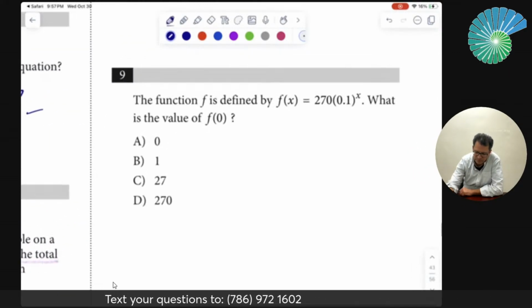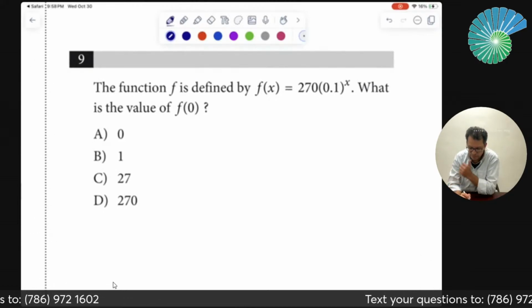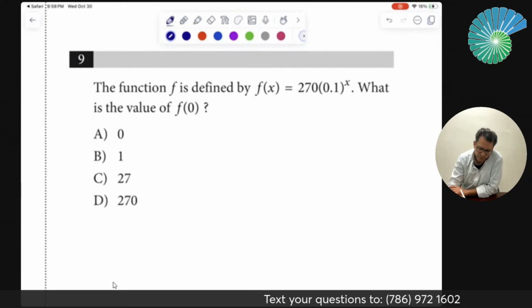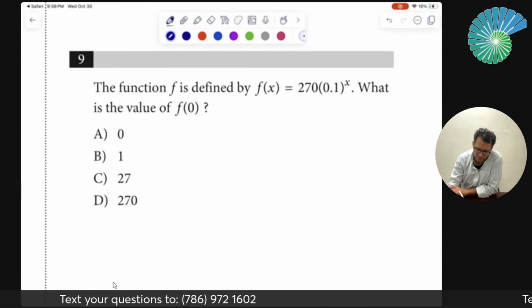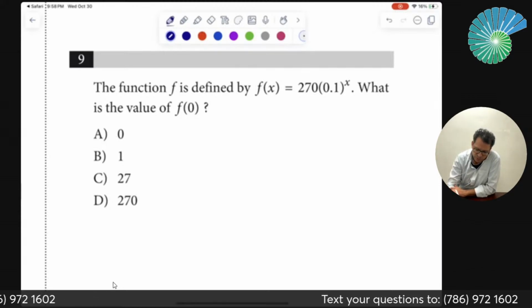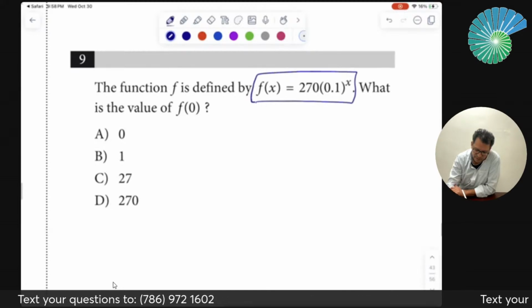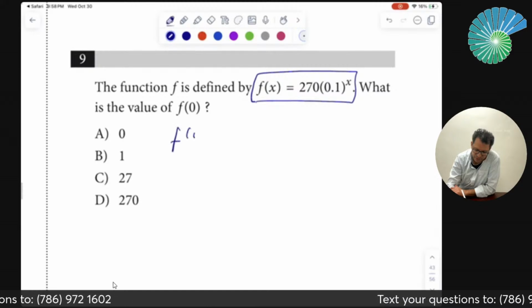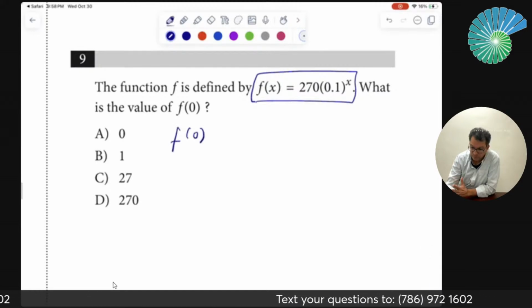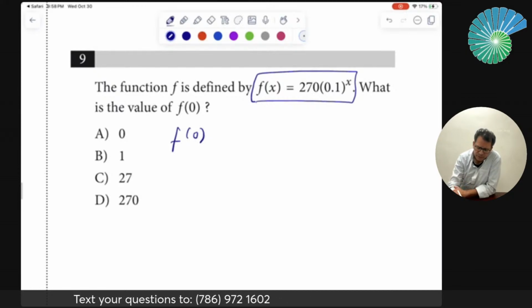A similar question, but now using an exponential function, is number 9, where you are really replacing the value of x with a specific value. You are given an exponential function, and they're asking you what is the value of f of 0.